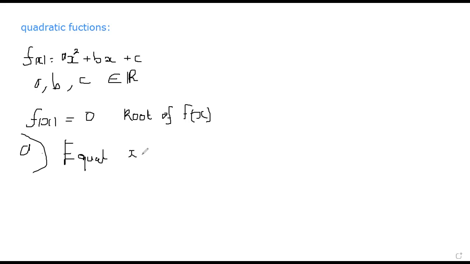Say one of the roots is x1 and the other root is x0. So x1 and x0 are equal. Then the second outcome would be when they are distinct roots. It means x1 is not equal to x0. Are we okay?